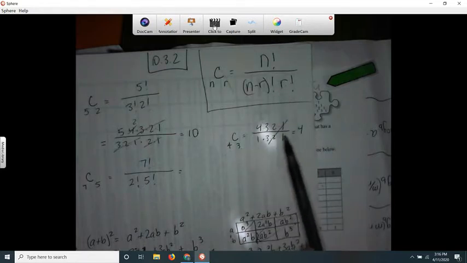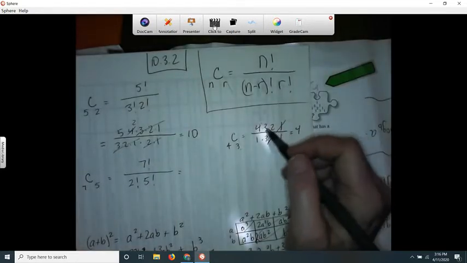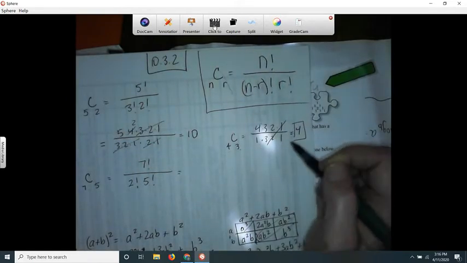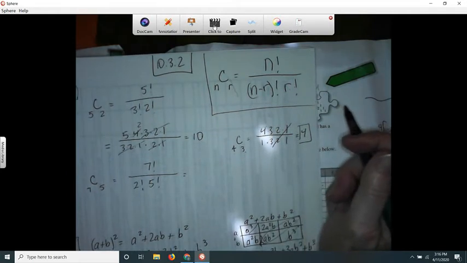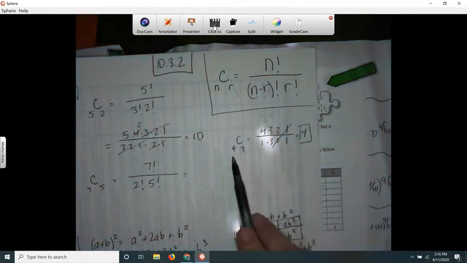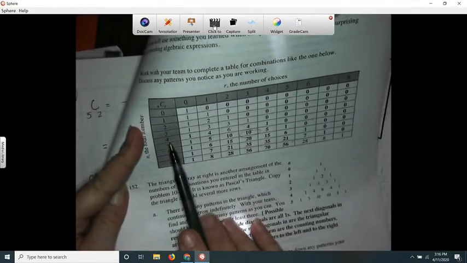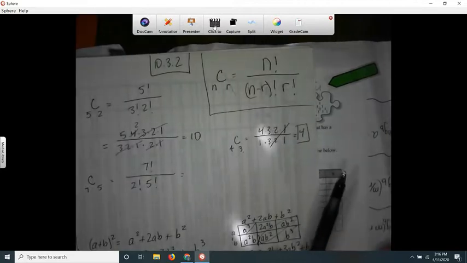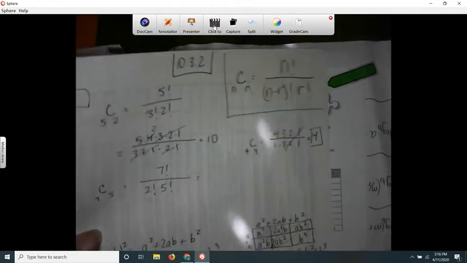And if you look in your little box, 4 things taken 3 at a time is 4. Okay, we're just going to do maybe 2 more, and then you can fill out your own chart at home.